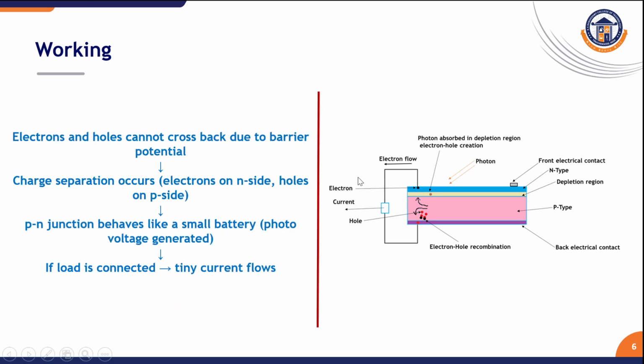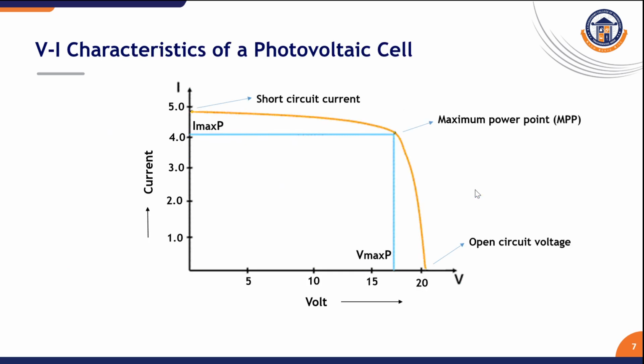Since they cannot cross back due to the barrier potential, electrons accumulate on one side and holes on the other side. The junction now behaves like a small battery generating a photo voltage. If we connect a load, a small current flows through it. So this is about the working process of solar cell.